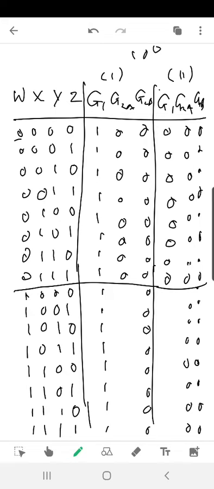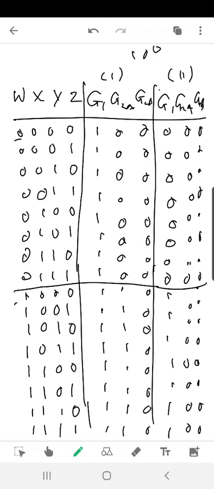After this point, the value of W becomes 1, so all these values become 1 after this point. Now see one thing.